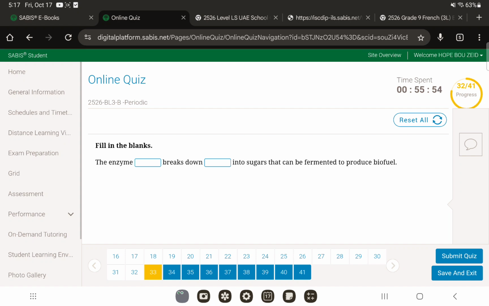Either way, the enzyme blank breaks down blank into sugars that can be fermented to produce biofuel. This was in 3.3, I think. And basically, you just have to memorize the biotechnology, which each one is used for. So in biotechnology, we're using biological processes to do industrial ones.